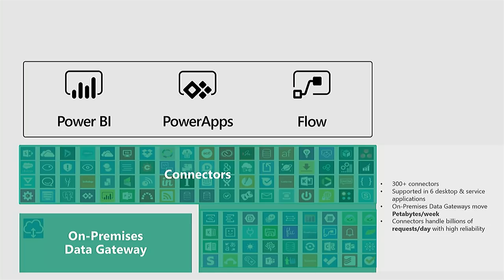Not only can you use the hundreds of connectors that come out of the box, you can easily build your own connector if there's not a data source for it, or if there's a very custom data source in your organization, with just a bit of code. And Sameer's got some talks this week on that. And then expose that in your organization so that you really open up the power of the Power Platform across that entire ecosystem, across that data set.